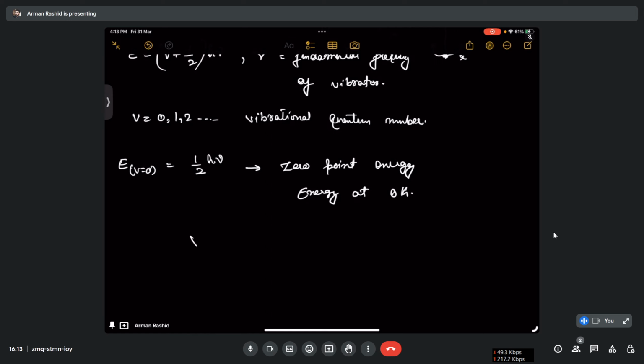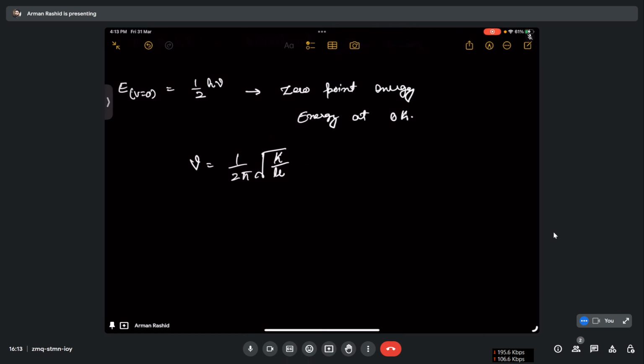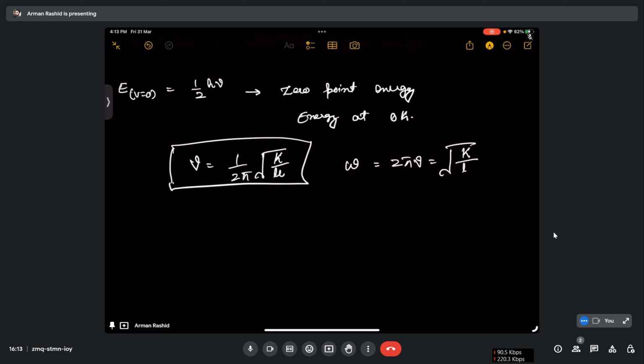This nu we can represent as 1 by 2 pi under root k by mu. This is the fundamental frequency you can get from any band. Also, the angular velocity is equivalent to 2 pi nu, which is equal to under root k by mu.